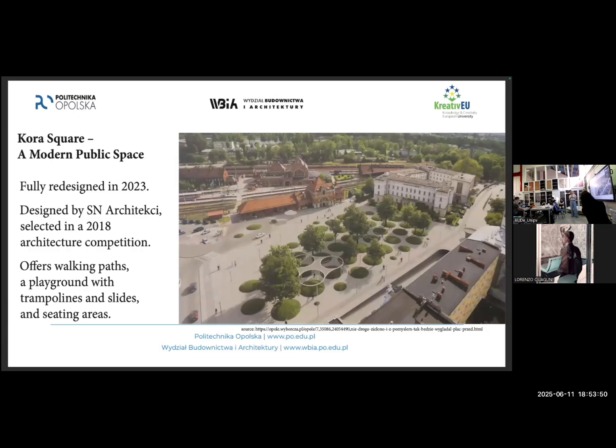So in 2018, there was a competition to remodel the square and really give it the meaning and appearance that this kind of square should have. The competition was won by SM Architekci, which is again a local architect firm.